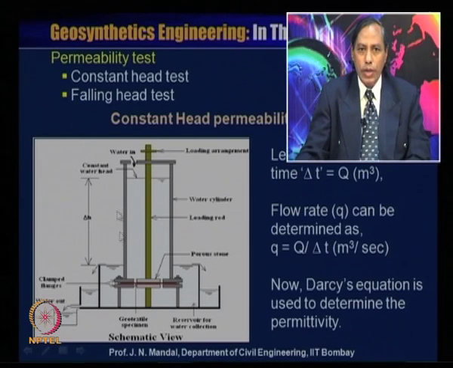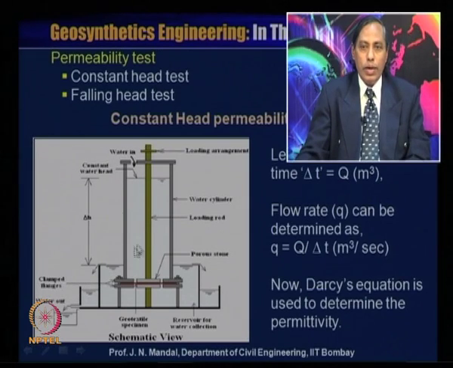This is the water cylinder and this is the loading pad. So, this is a kind of loading arrangement, and this is the reservoir for water collection, so you can collect the water.